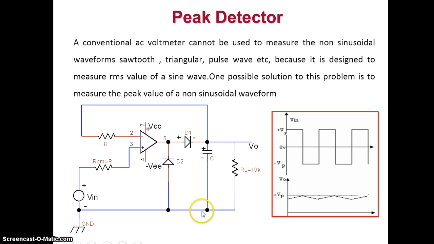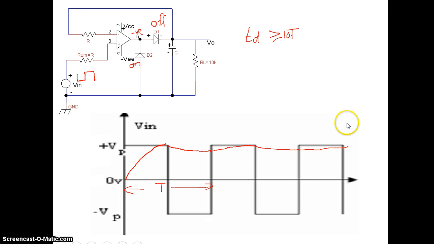Now I'll go back to the slide. That is the working of a peak detector. You can see this is the peak value; the capacitor will charge and discharge. The important point here is that the charging time is much smaller than the discharging time. The discharging time is very high, so the capacitor is not able to discharge completely, and only a very small amount of voltage will discharge.